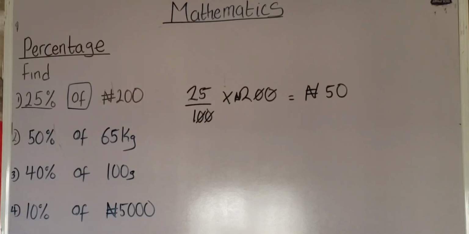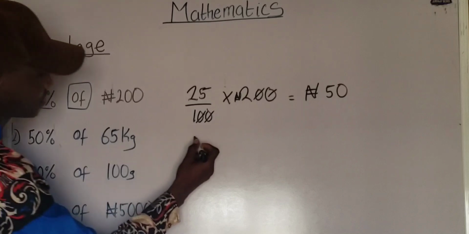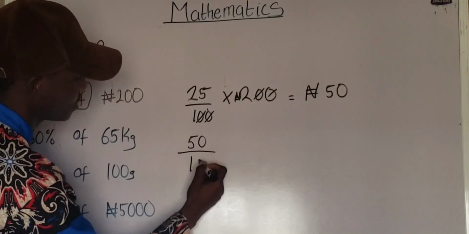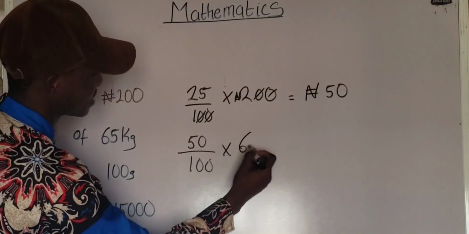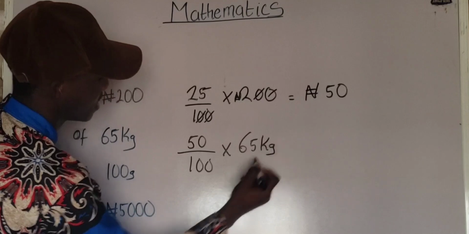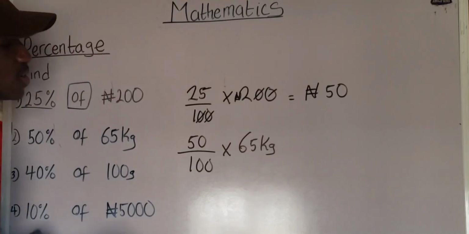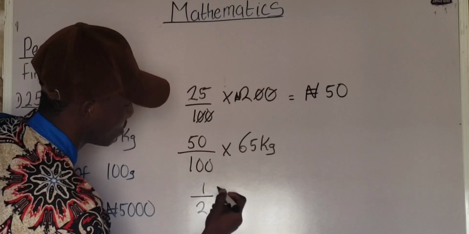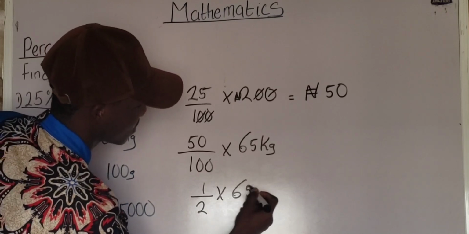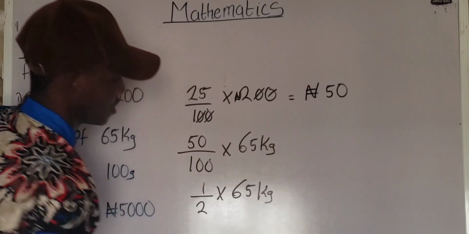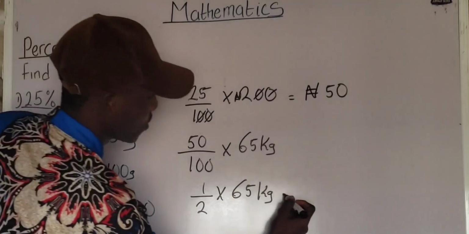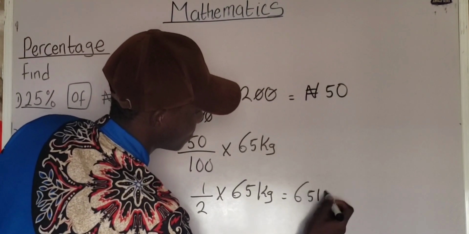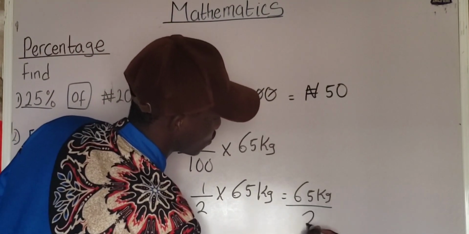So for this we are going to have 50 all over 100 multiplied by 65 kilogram. 50 divided by 100 is 1 over 2. So we are going to have 1 over 2 multiplied by 65 kilogram. Do you understand? So we have 65 kilogram all over 2.